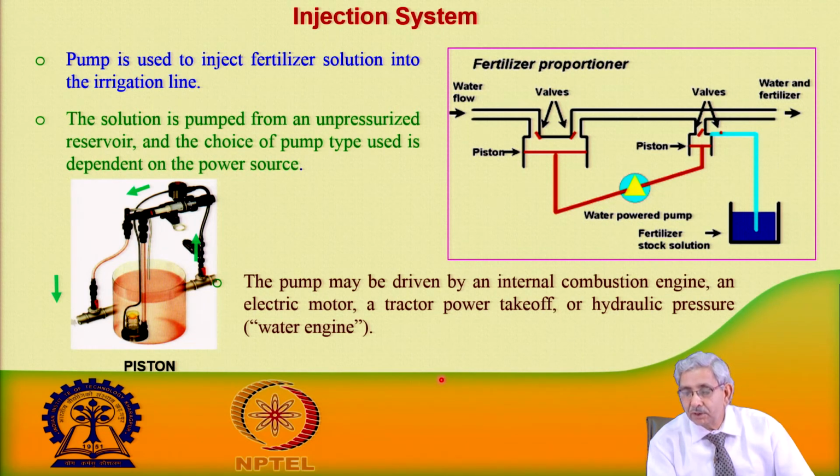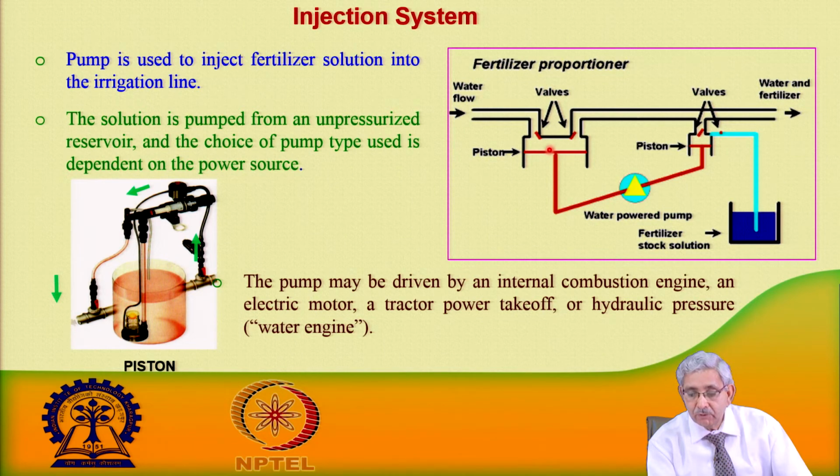So, what we are seeing here is when the fertilizer is to be injected. There is a piston, and reciprocating motion takes place. This is the position of the piston.